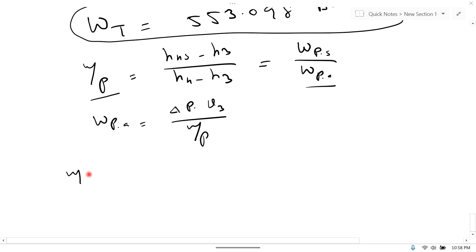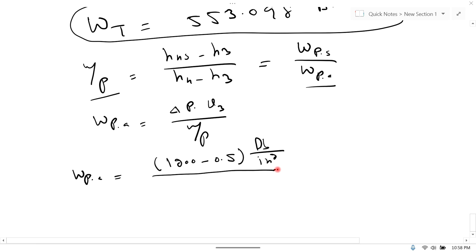The actual work of the pump is equal to the change in pressure. Maximum pressure is 1200 psia and minimum pressure, which is given to us, is 0.5 psia, where psia means pound per square inch, divided by the efficiency of the pump, 0.85.